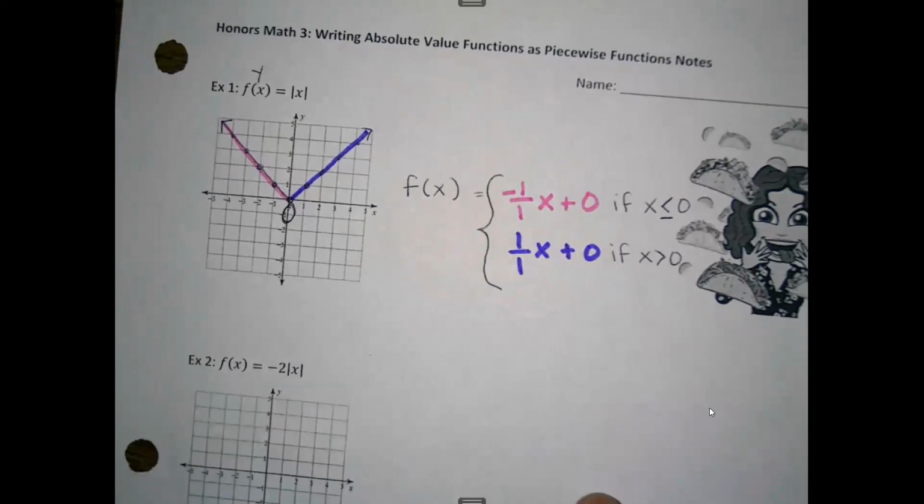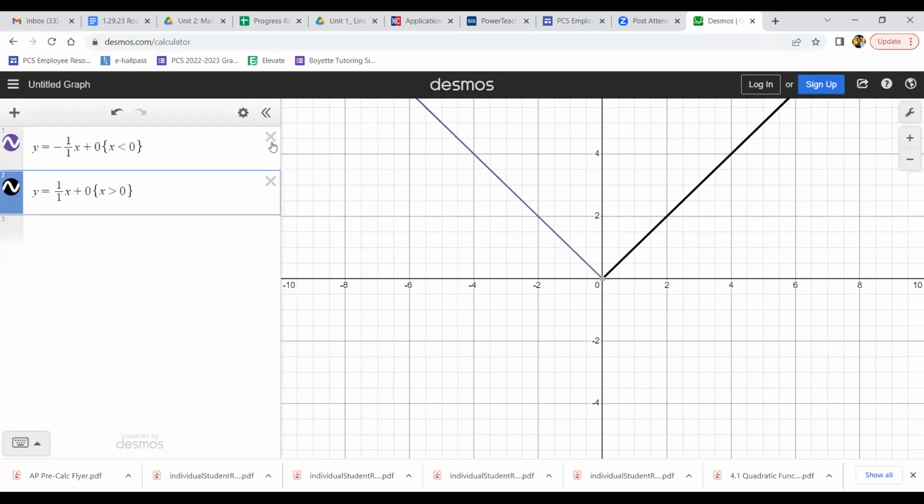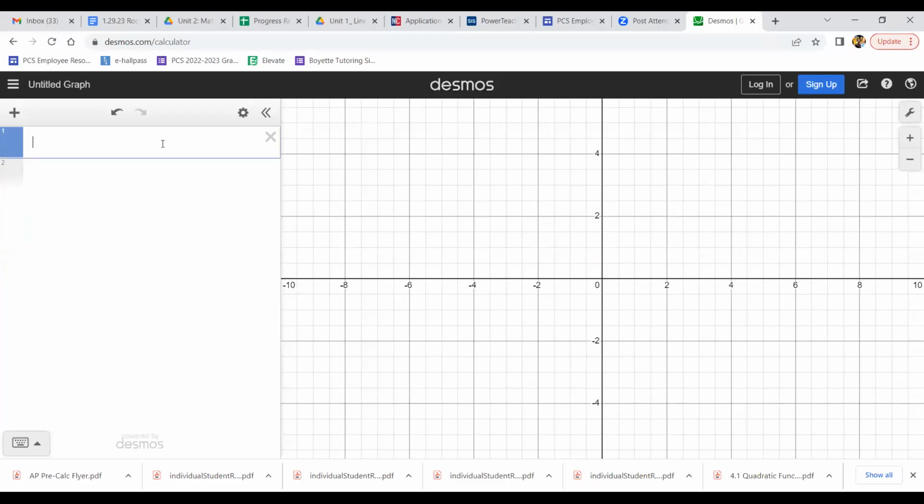Okay, let's try this again with the next one. So the next one says, okay, we're going to do -2 times the absolute value of x. That's what we're going to graph first. And then we're going to find the two straight line pieces we could use instead. So I'm going to go to Desmos. Going to get rid of these. Going to type y equals -2 absolute value of x.